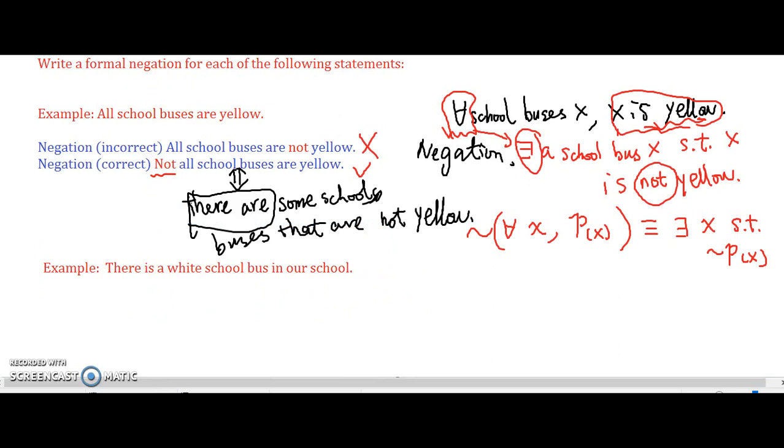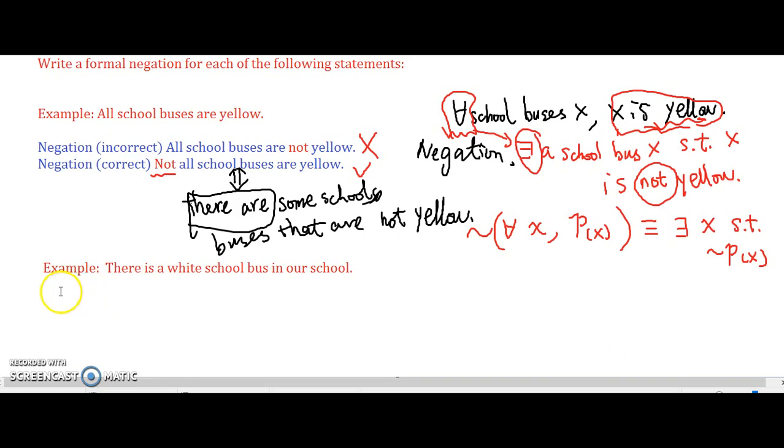So the negation will not just be there is not a white school bus. When someone says there is a white school bus, they're just saying there's at least one. It could be more, but there's at least one. If you say I don't agree, you mean there's not one, which means every single one is not white.